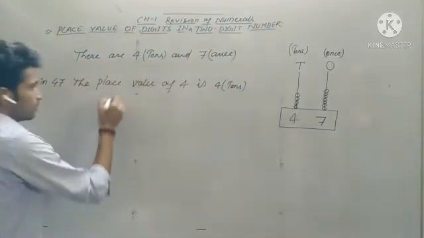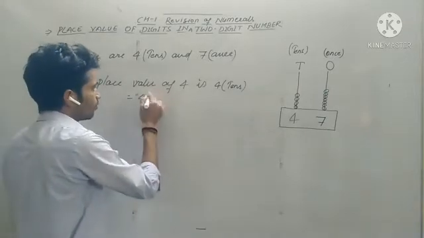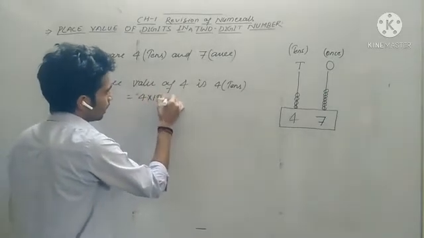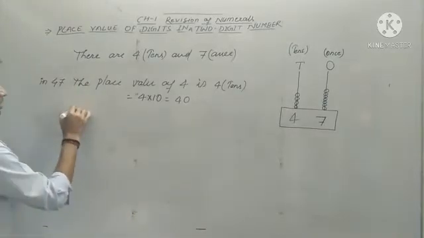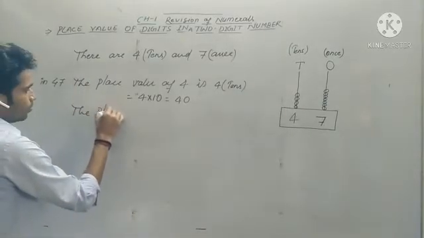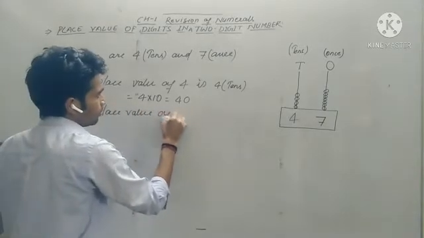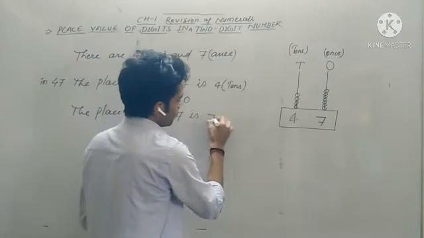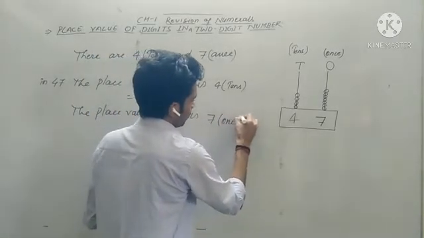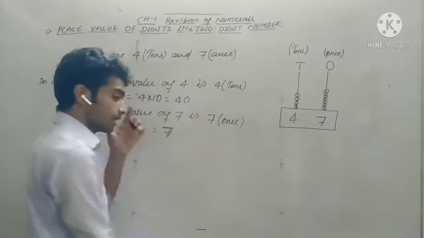Yes, that is 4 into 10, and that is 40. Okay, and the place value of 7 is 7 ones, and that is 7. Is it clear?